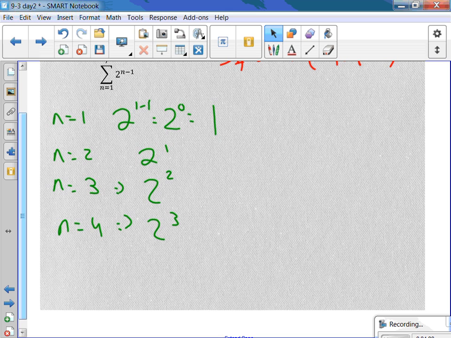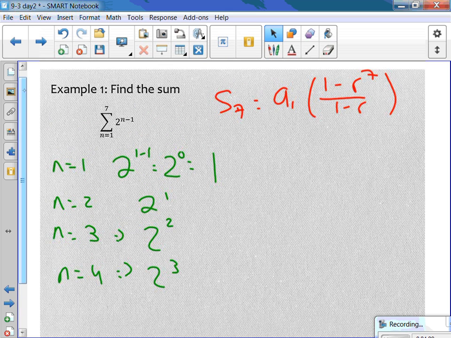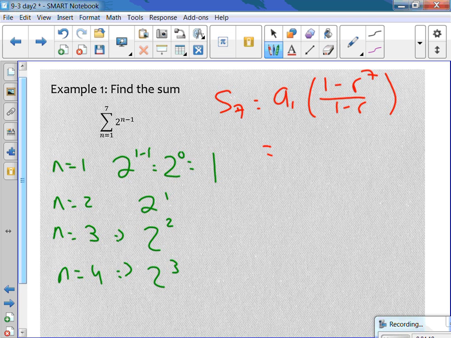But here it should be obvious, as I have the summation of 2 to the n minus 1, that 2 is in fact my r. So coming up with that sum, we already calculated a1. When n equals 1, we came up with 1. So I have my 1 minus 2 to the 7 over 1 minus 2.